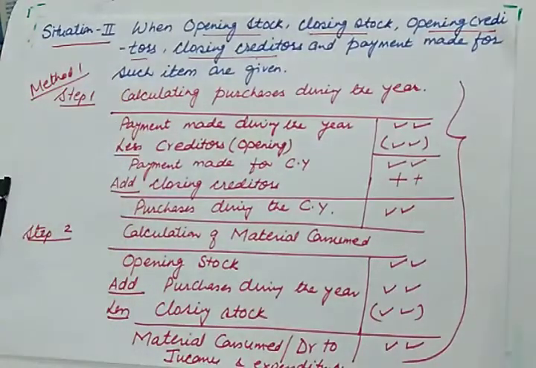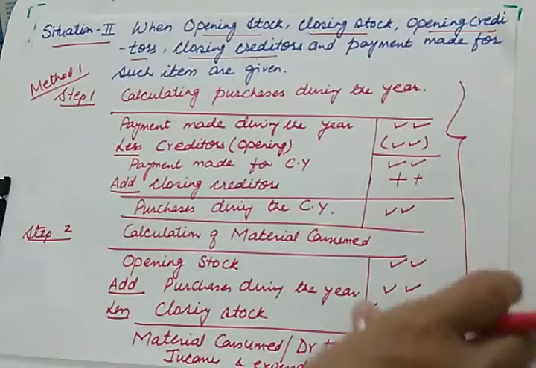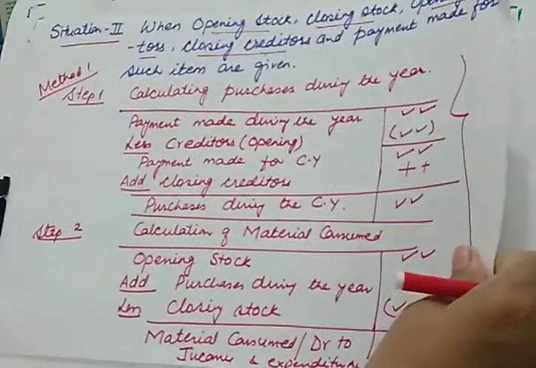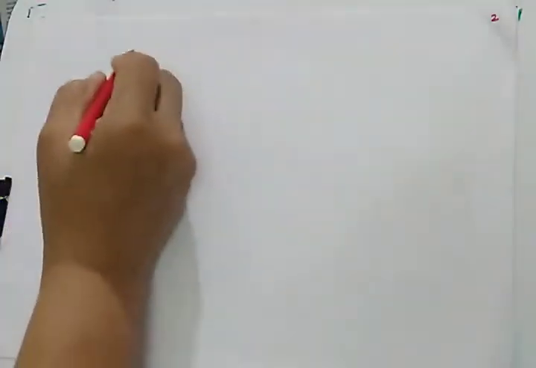The next method, as we did in the previous case also, will be through the preparation of ledgers. We'll be learning how to calculate material consumed. In this we'll be making 2 ledgers, and before doing this ledger method there is another alternative method.